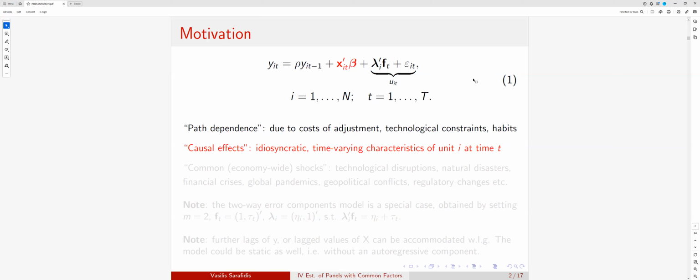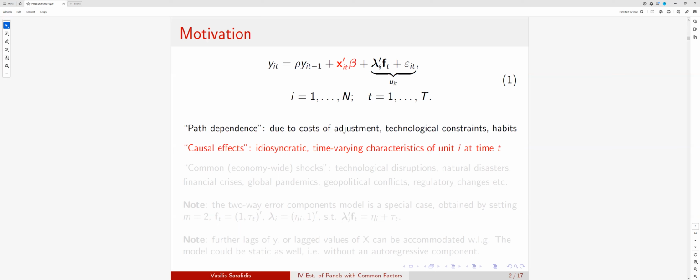So the factor component absorbs different sources of unobserved heterogeneity. For example, f may absorb unobserved common influences or otherwise economy-wide shocks that hit the population of all individual units, albeit with different intensities.